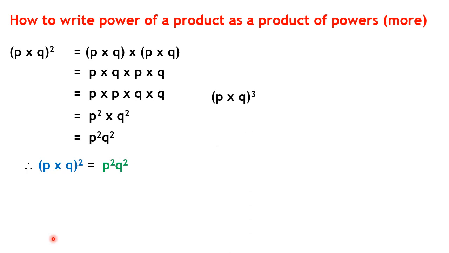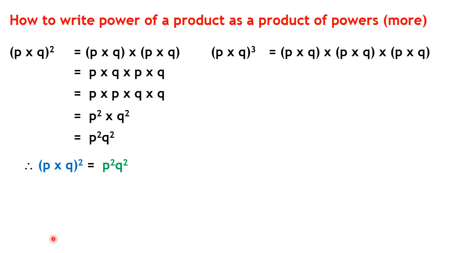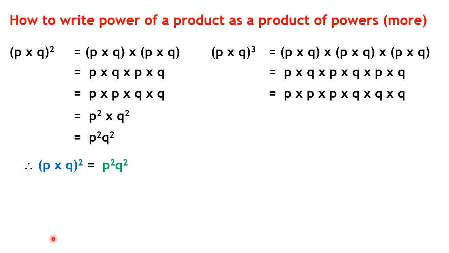Let's go for one more. P into Q, cubed. When it is written in the expanded form, the base P into Q is written 3 times. Then remove the bracket and write it the same. And write the bases nearby.